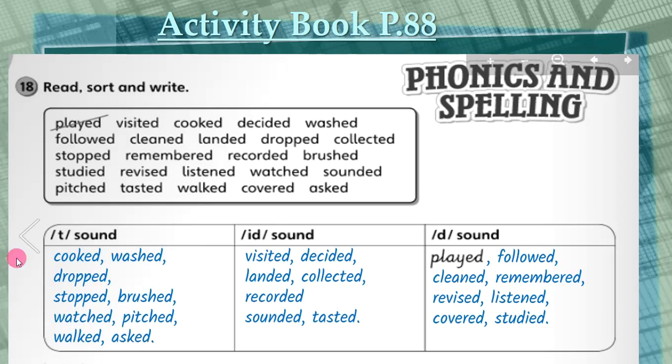Okay, the answers: the t sound is cooked, washed, dropped, stopped, brushed, watched, pitched, walked, and asked. The id sound: visited, decided, landed, collected, recorded, sounded, tasted. The d sound: played, followed, cleaned, remembered, revised, listened, covered, and studied.